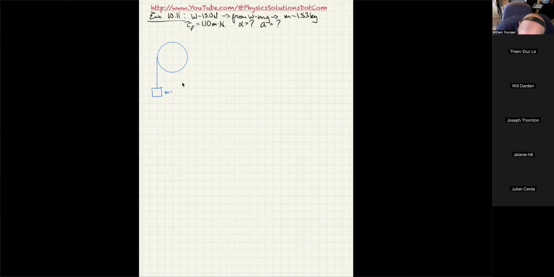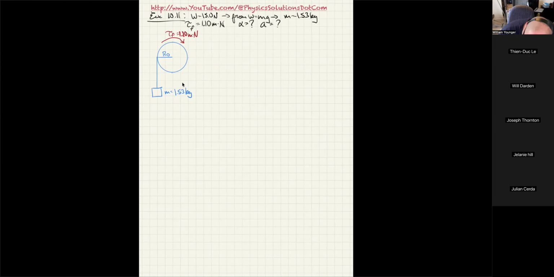This mass is equal to 1.53 kilograms, and we know this radius is R0, and we know that there is a friction torque. Torque friction is equal to 1.10 meter newtons, like that. And that's our problem.